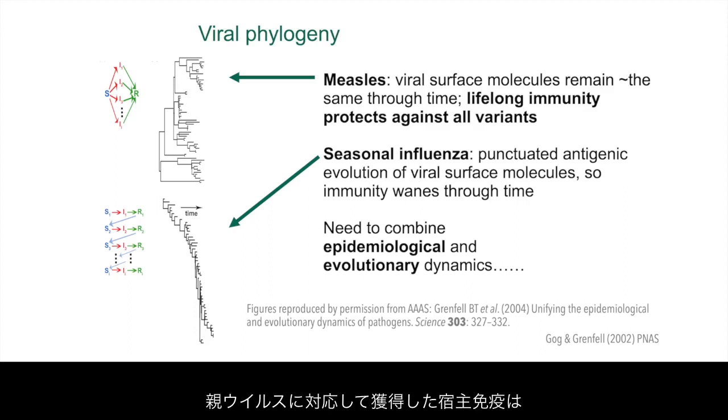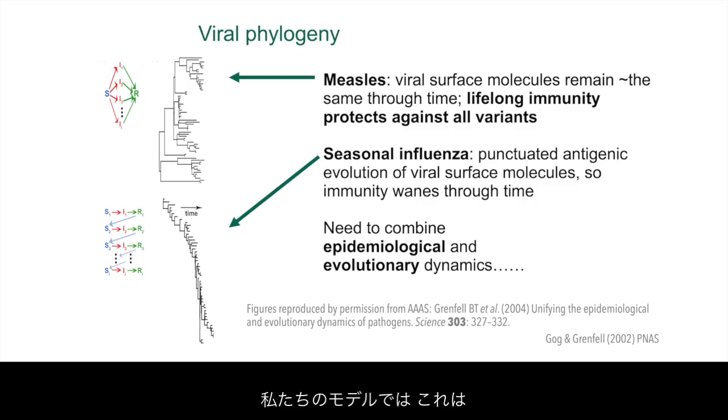That is, host immunity developed in response to the parent virus is not as effective at protecting from the new variants. This leads to sharply different evolutionary trees for the two viruses. Measles doesn't show any directional evolution to avoid immunity. By contrast, seasonal influenza has a highly characteristic ladder-like phylogeny, as new escape variants are progressively selected to avoid prevailing population immunity.